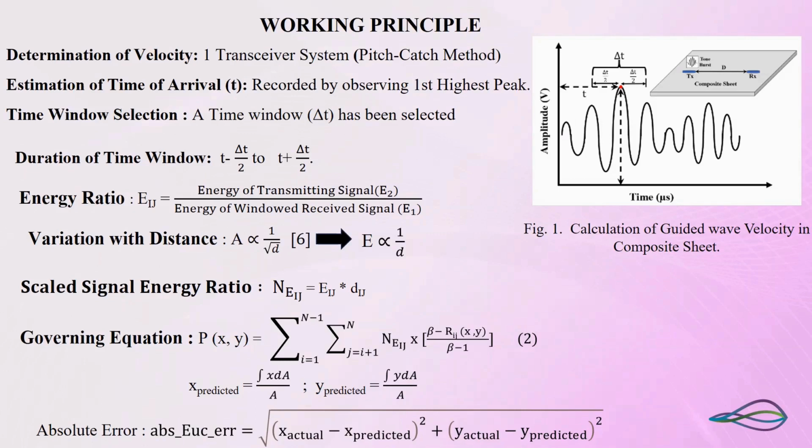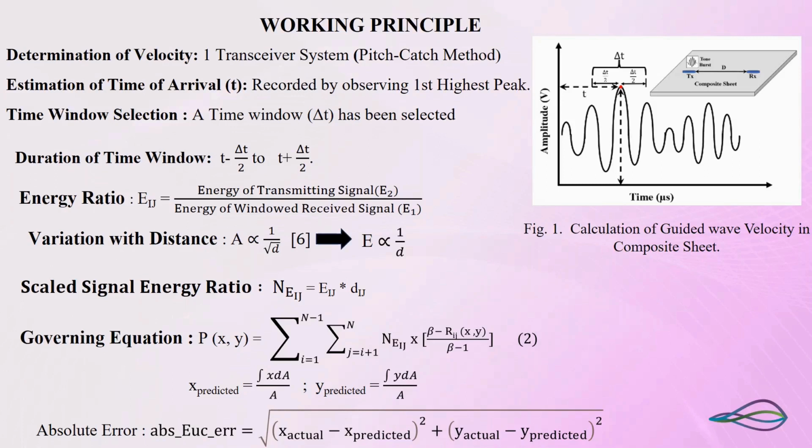Now we introduce a term called energy ratio. We calculate the energy of the transmitted signal, and we calculate the energy of the windowed received signal. One thing to note is that the energy of the transmitted signal remains the same, because we transmit the same signal for different purposes.